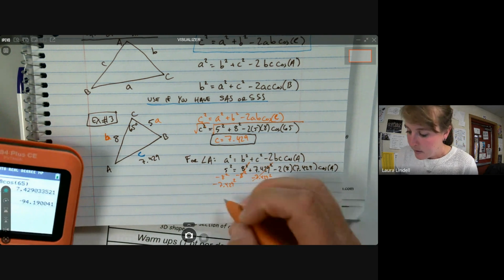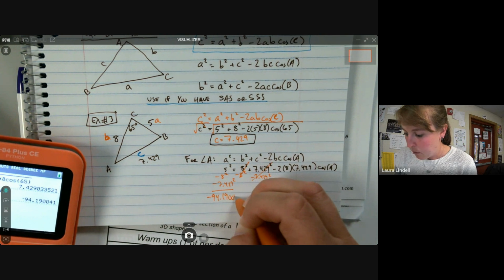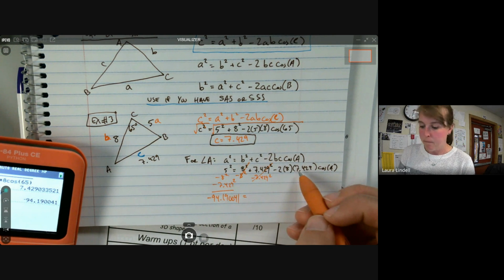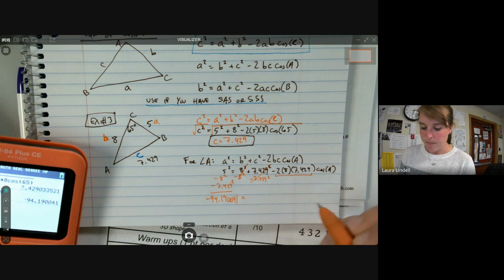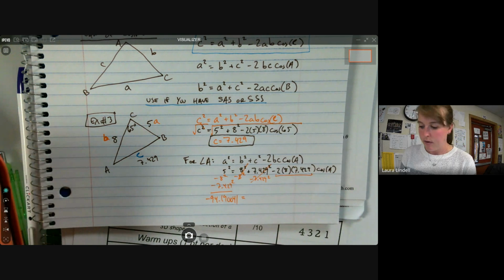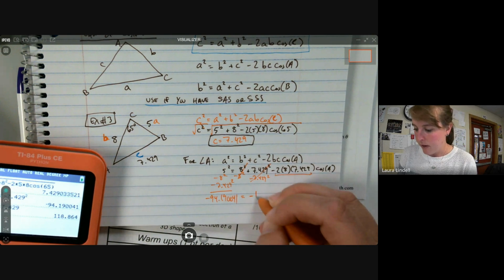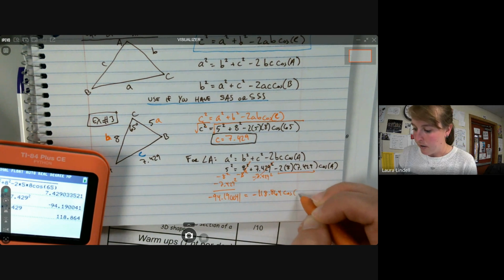We get negative 94.190041. I can also multiply these three things really quick so that I get just one number. 2 times 8 times 7.429 is, we have negative since it's minus, 118.864 cosine of A.